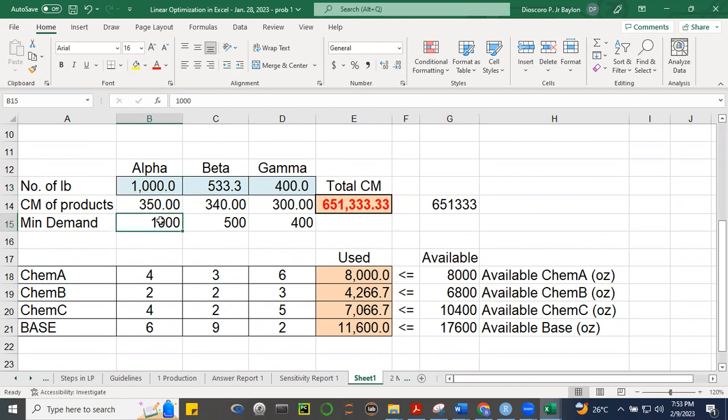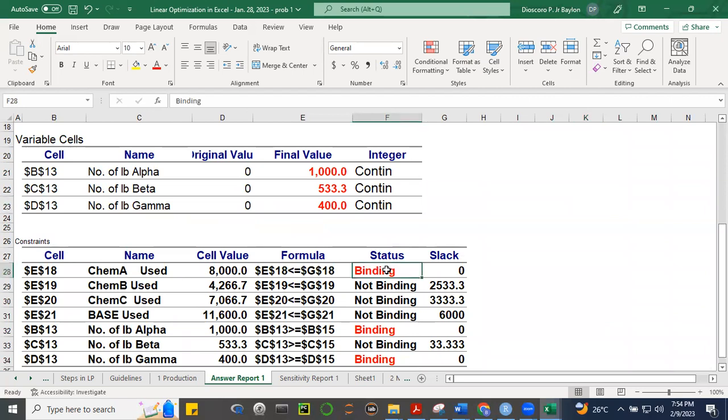So they are equal. Gamma also, 400 left-hand side, and our right-hand side is 400. So what happens now is your left-hand side is strictly equal to your right-hand side. So 3 cases like that: 8,000 equal to 8,000, 1,000 equal to 1,000, 400 equal to 400. So we have 3 cases here of binding constraint, which are your chemical A, your decision variable alpha, and your decision variable gamma.